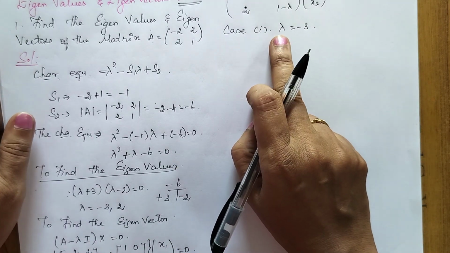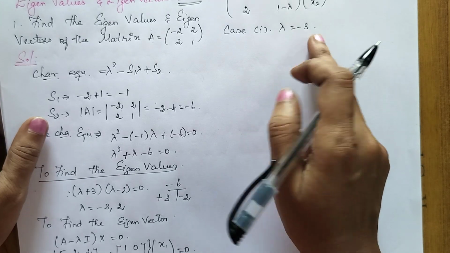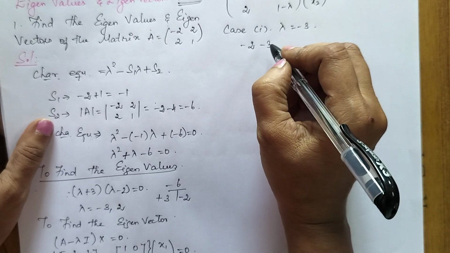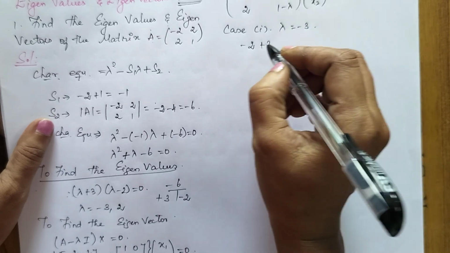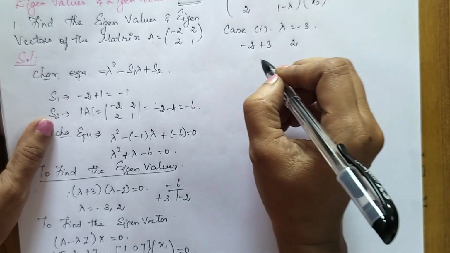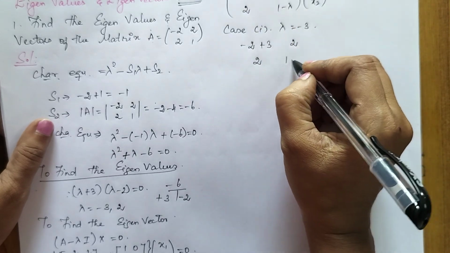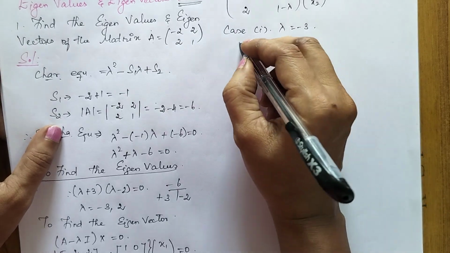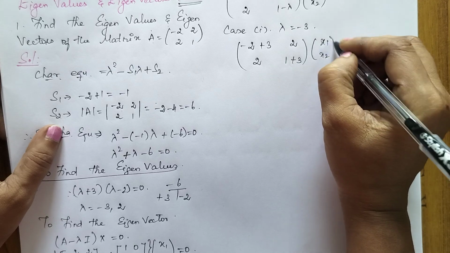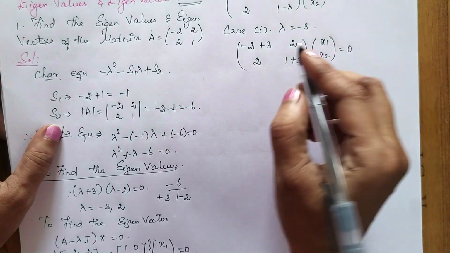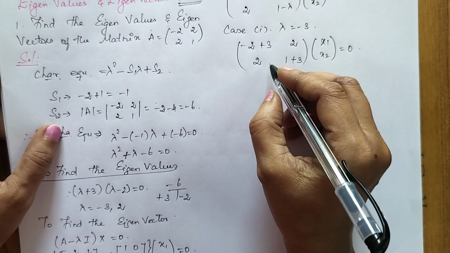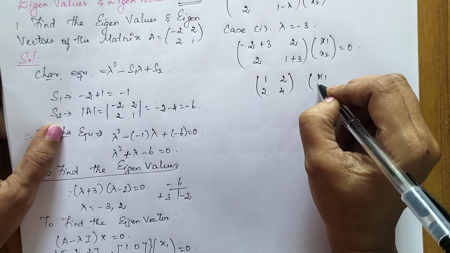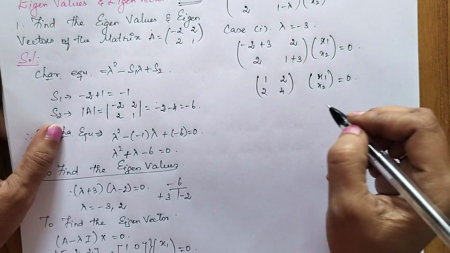Substituting minus 3, the matrix is minus 2 minus of minus 3, that is minus 2 plus 3, then 2, 2, and 1 minus of minus 3, that is 1 plus 3, into x1, x2, which is equal to 0. This matrix becomes 1, 2, 2, 4 into x1, x2, which is equal to 0.